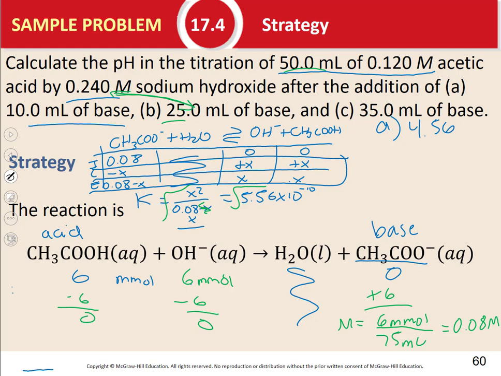And we're left with X over 0.283 is equal to 2.36 times 10 to the negative fifth. So X will be equal to 6.67 times 10 to the negative 6.